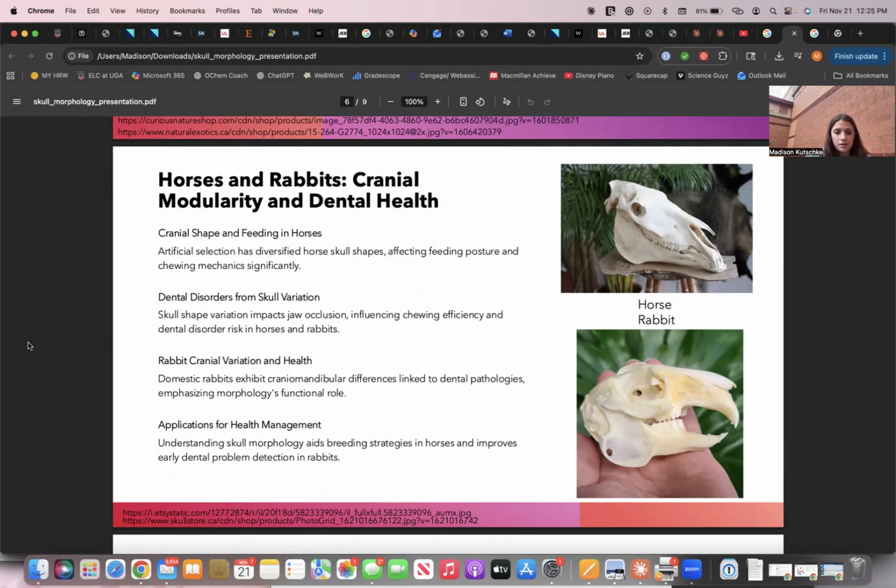So breeding here has not been as influential because both our wild and our domestic horses and rabbits have a similar skull shape, compared to the pigs where they were vastly different. So really it has been just the teeth that have influenced their dietary needs here.